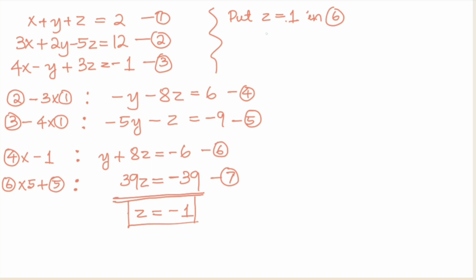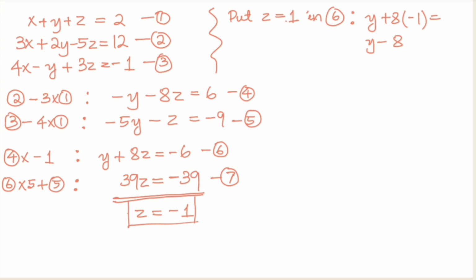We get y plus 8z, so that's 8 times minus 1, and that's equal to 6. So we have, simplifying, y minus 8, sorry, we have y plus 8z equals minus 6, not 6.